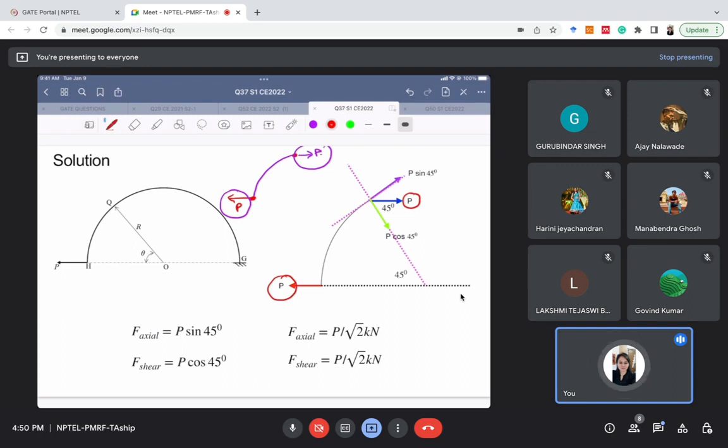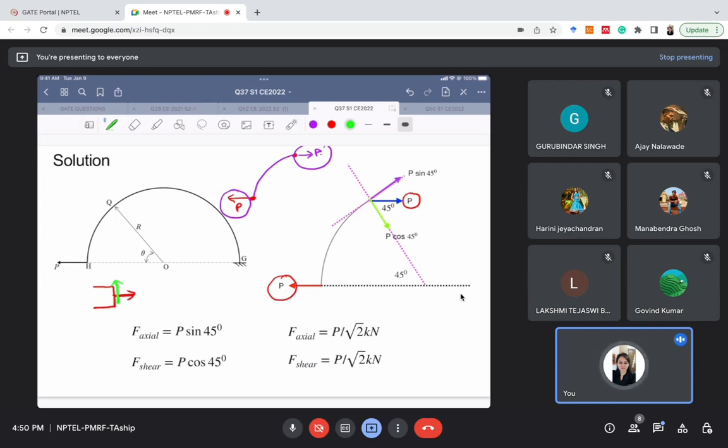Now what they have asked us, shear force and axial force. So we have already discussed that axial force is perpendicular to the surface and shear force is along the surface, right? So now we know the value of P which is acting here, but they are not asking the value of resultant. They are asking the value of shear force and axial force.